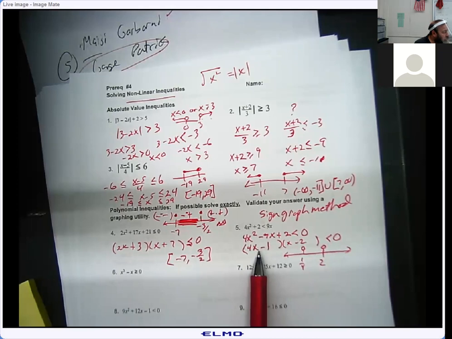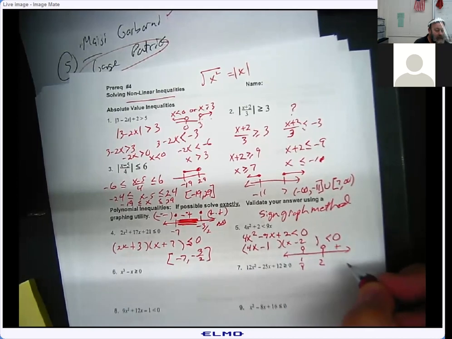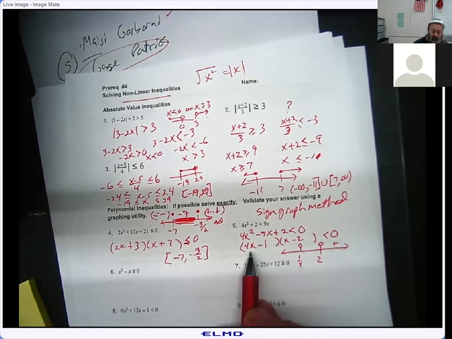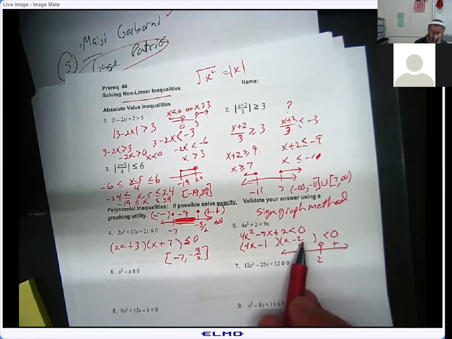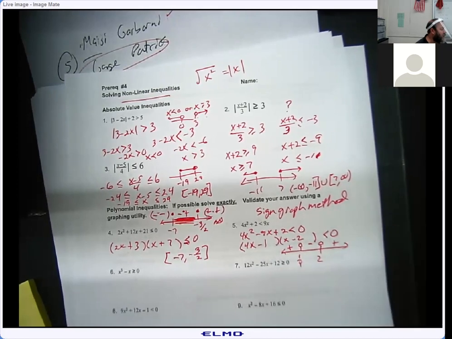If I plugged in 10, it would be a positive, and the product of those two positives would be positive, wouldn't it? What happens in the middle? Like if you tried 1, I'd get a positive here and a negative here. What's a positive times a negative? Ooh, that's a negative. And out here, it is the product of 2 negatives.